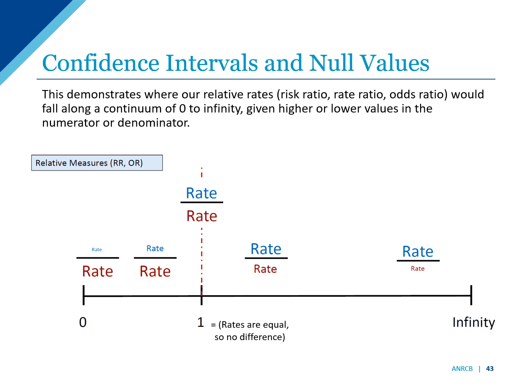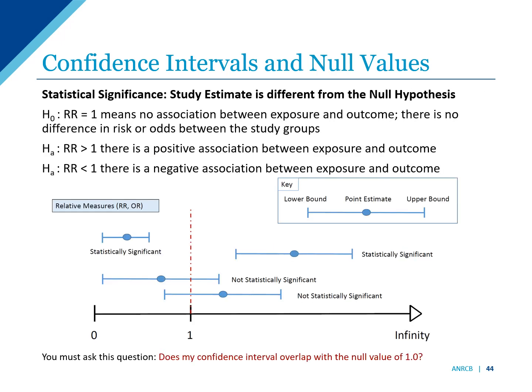So that gives us the null value of 1. If the confidence interval of your measure overlaps the null value, that indicates that the interval might contain the null value and it is not statistically significantly different than the null value. So we would not be able to reject the null hypothesis.